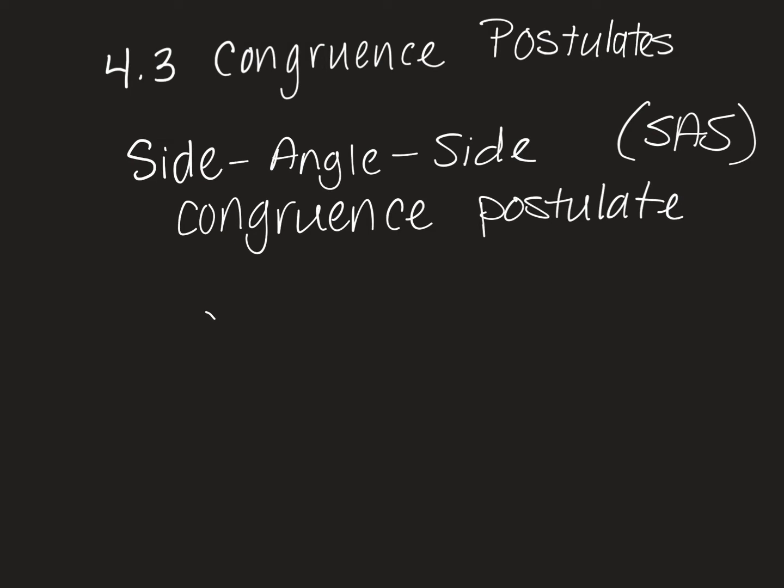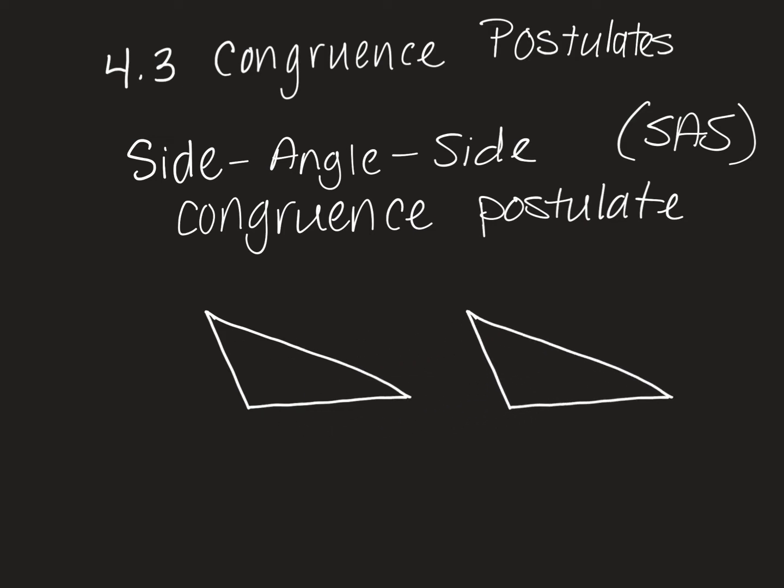So basically what this means is if you have two triangles, it says if two sides and an included angle of one triangle are congruent to the corresponding two sides and included angle of another triangle, then the two triangles are congruent.